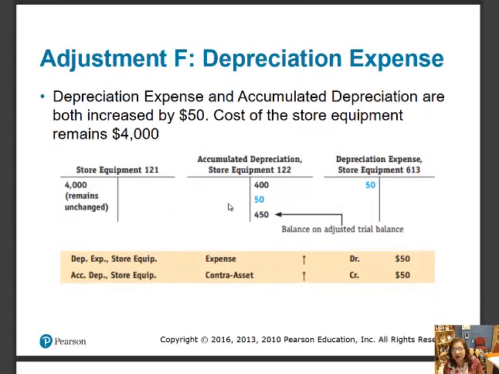Remember depreciation. Depreciation is decreasing the value of equipment that we've got. And remember that the historical value stays and remains the same. We're just showing how much we're depreciating that equipment because of use per month. Okay? So we would debit the depreciation expense and credit the accumulated depreciation.